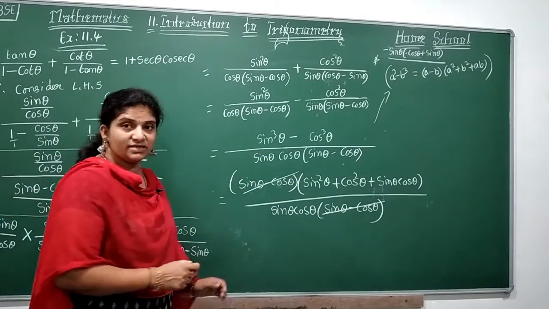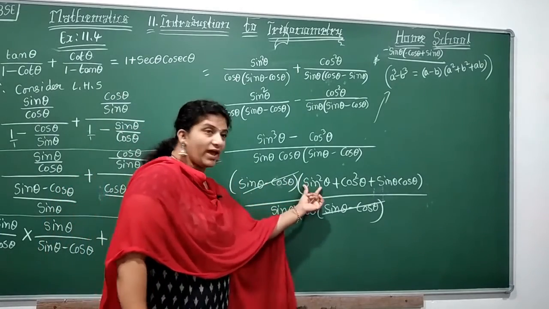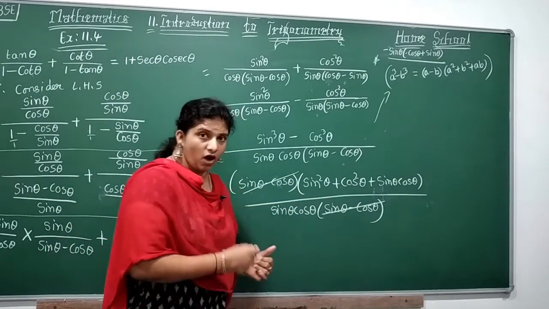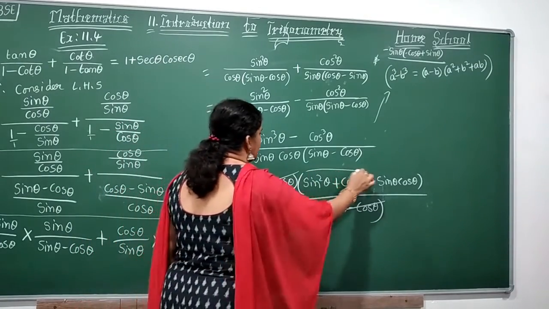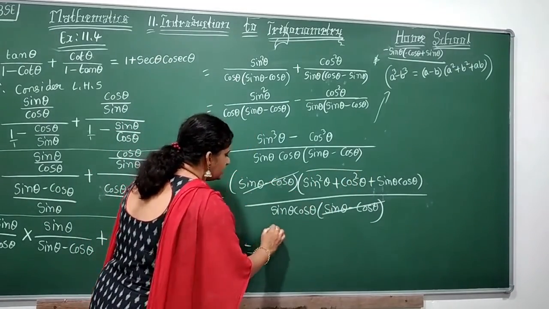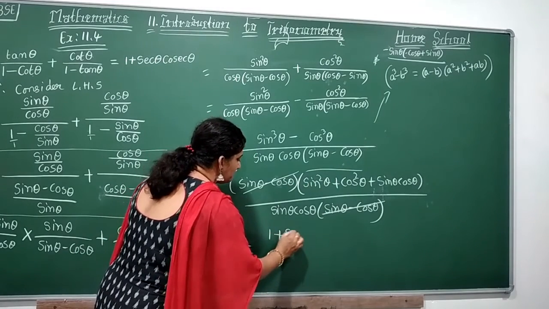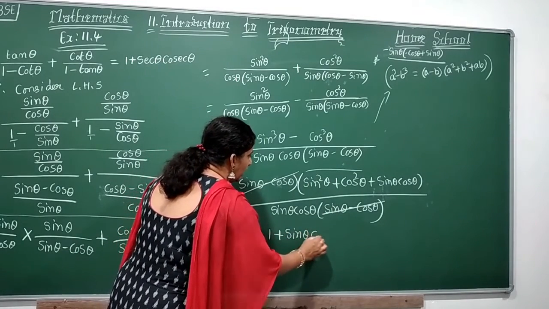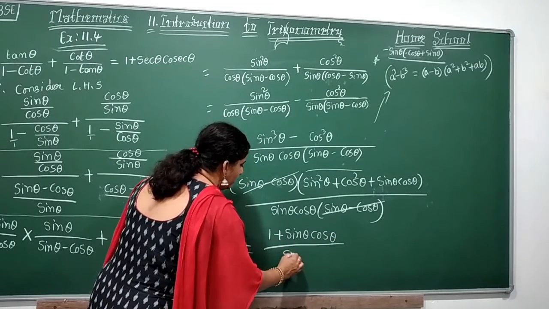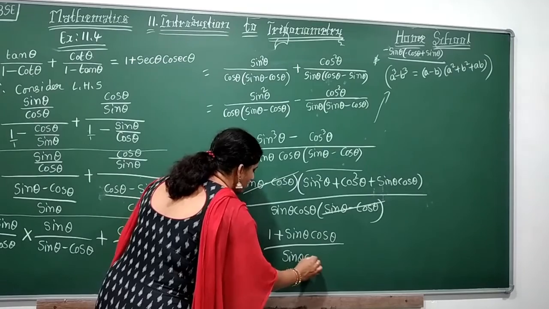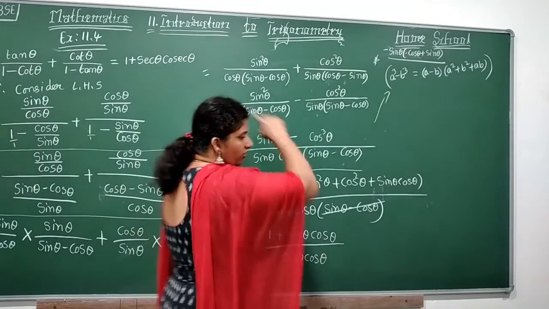Again, something I can see here: sin square theta plus cos square theta is what? 1. So let's rewrite here: sin square theta plus cos square theta is 1, plus sin theta cos theta, whole divided by sin theta cos theta.